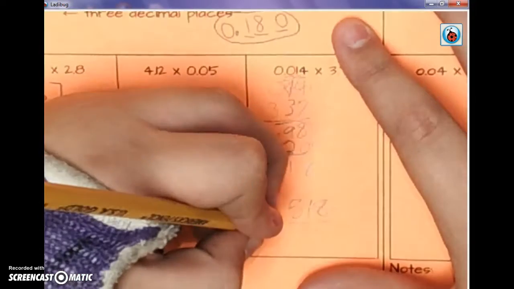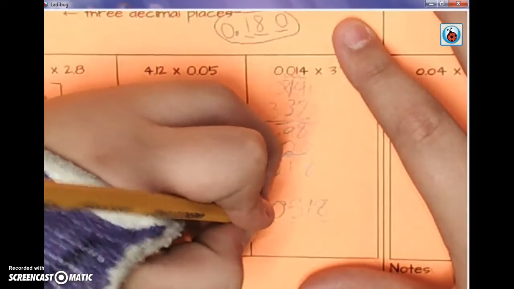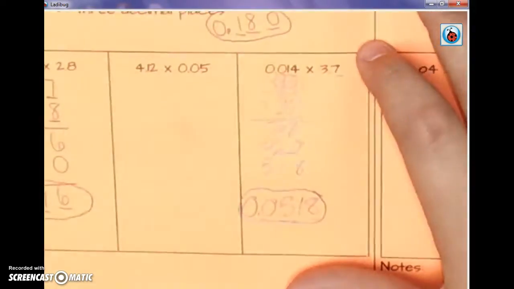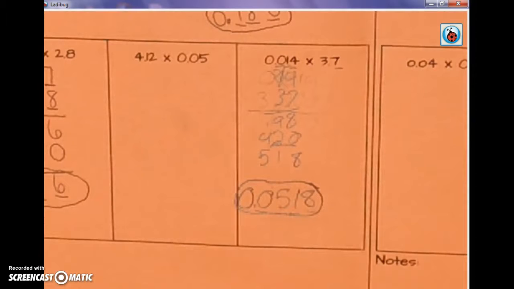Okay, so 4 times 7 is 28. 2 times 1 is 2 plus the... There's a glare.